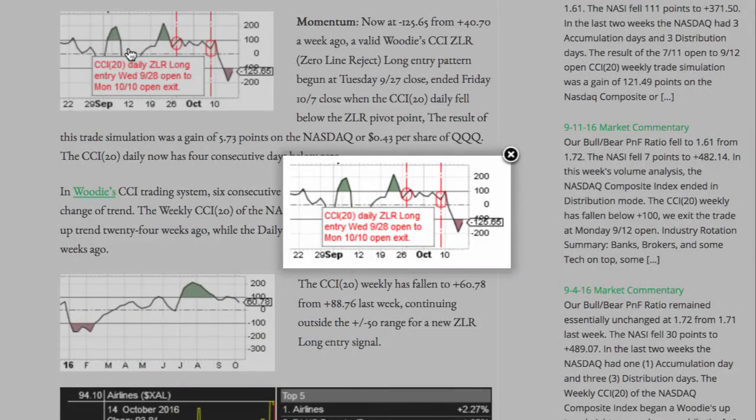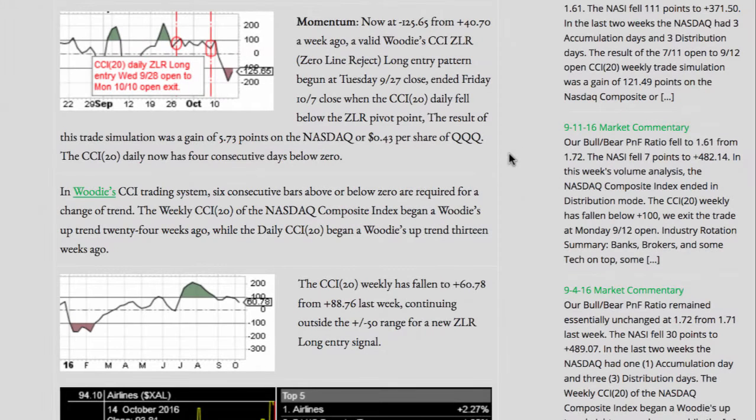Momentum, now at minus 125.65 from a positive 40.70 a week ago. A valid Woody's CCI zero-line reject long entry pattern begun at Tuesday 9/27 close, ended Friday 10/7 close when the CCI 20 daily fell below the zero-line reject pivot point.